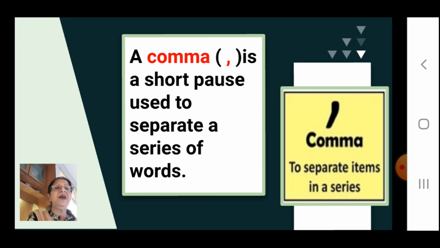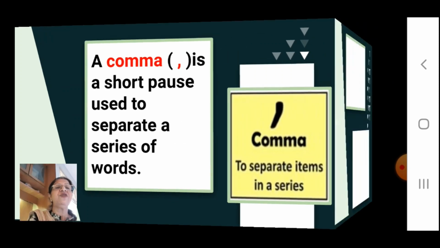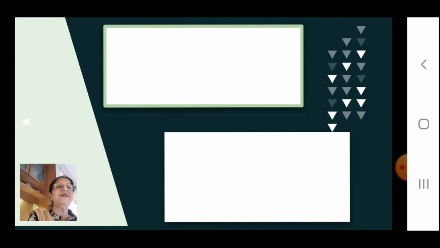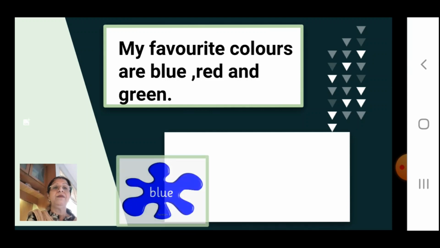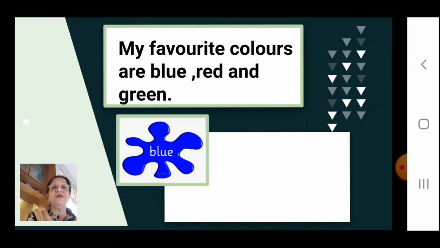I will show you some sentences and the related pictures so that you are clear where to put comma. Now, my favorite colors are blue. See, after blue what have we done? We have put a comma.